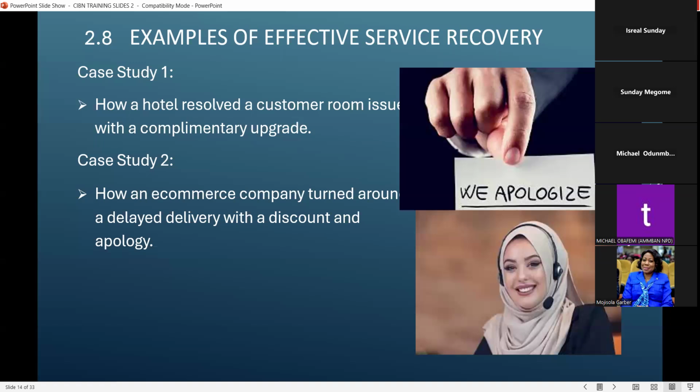The second case study: how an e-commerce company turned around a delayed delivery with a discount and apology. Of course, e-commerce means you went online to shop and you bought something, and you saw there that on such a date, that is when delivery will be made.